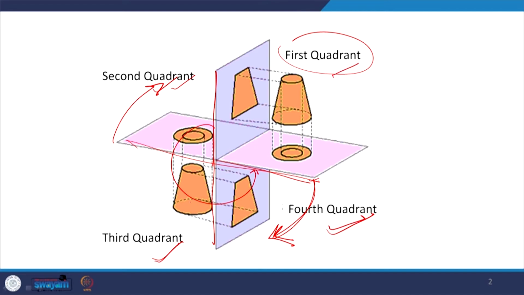So, I just hope that this idea of quadrants is clear to all of you now before we move on to the more complicated problems.